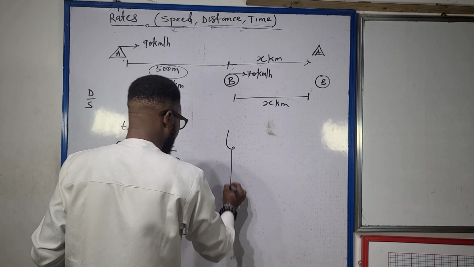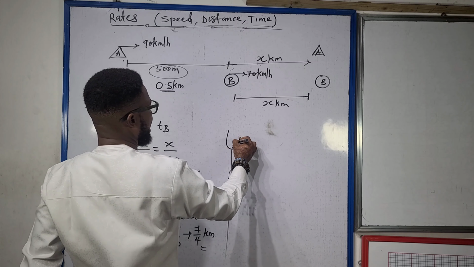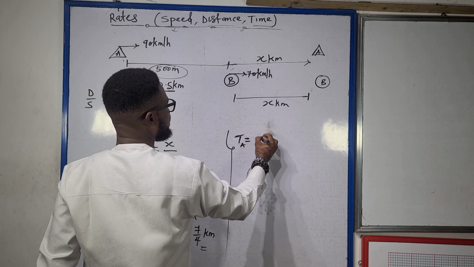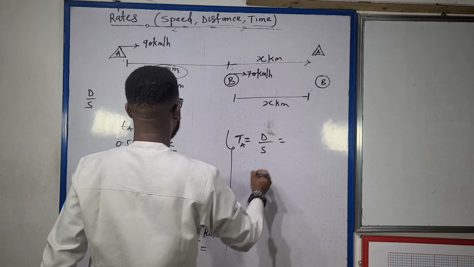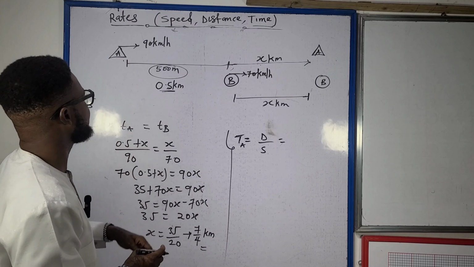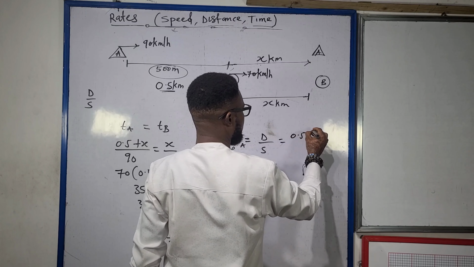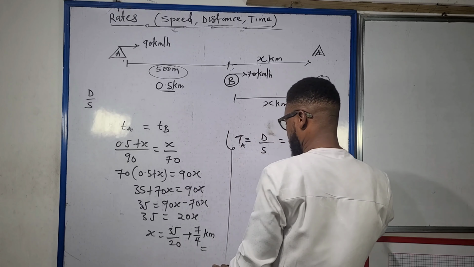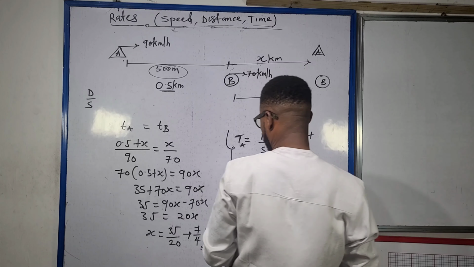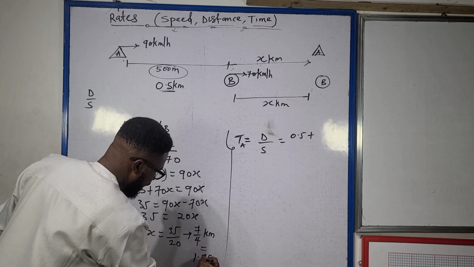Okay, if I consider the movement of car A, I'll be saying, okay, time is distance over speed. The distance here for car A is 0.5 plus 35 over 20. 7 over 4 here means 1.75 kilometers.